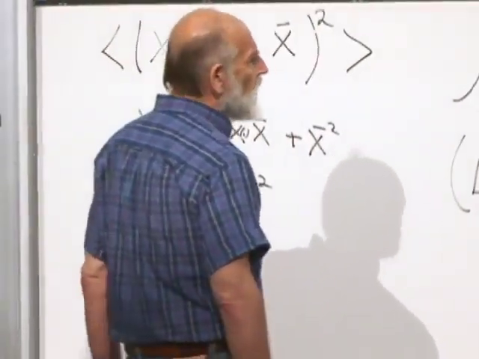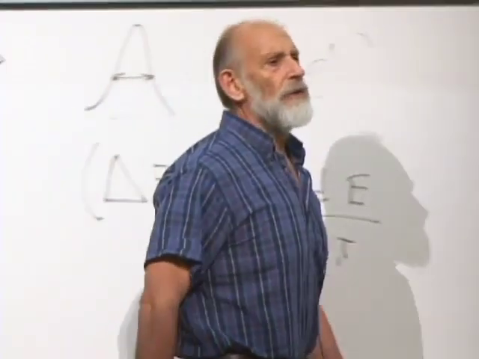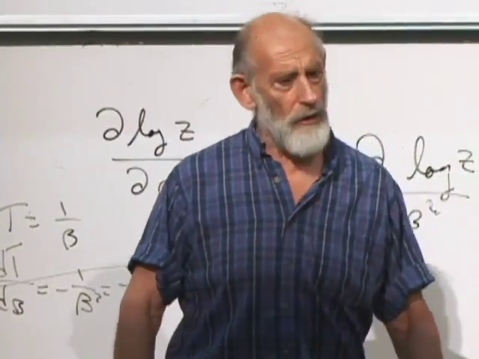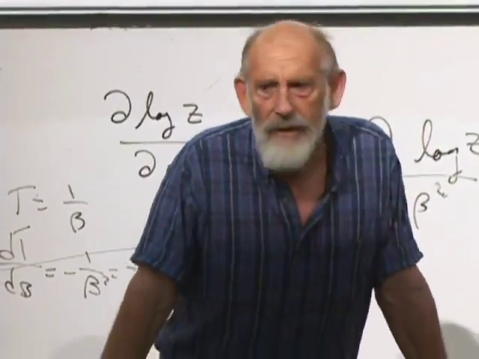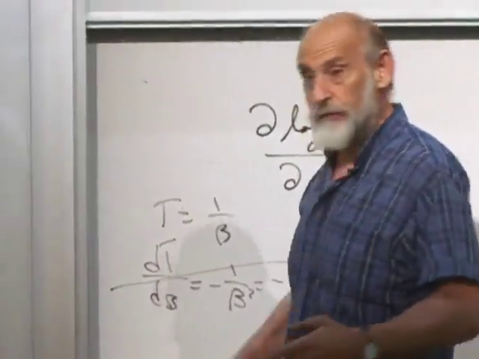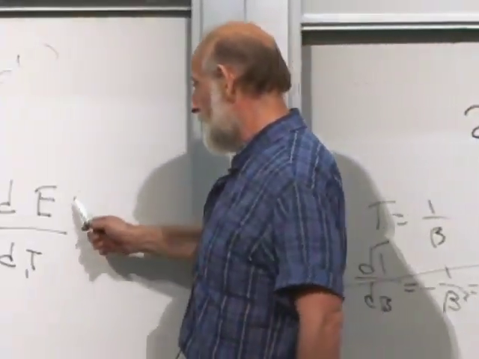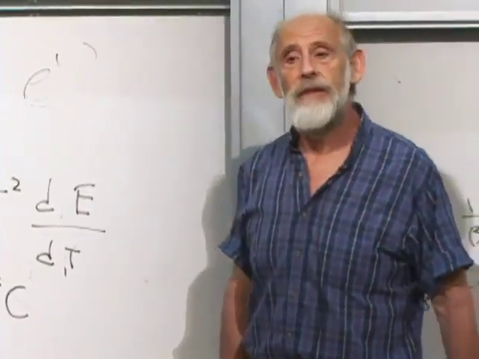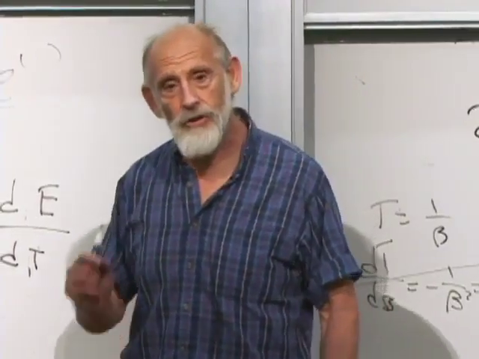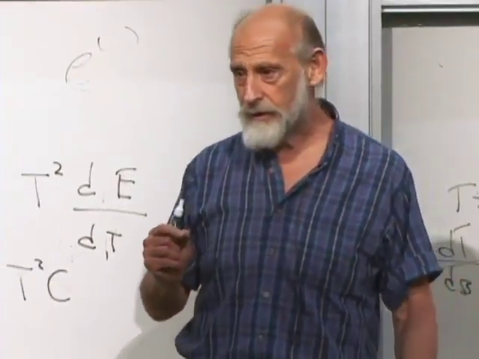Okay. First of all, how does the heat capacity grow with the number of particles in a system? Remember what it is now, or the size of the system. Let's say the number of particles. It's the amount of heat that you need to change the temperature by 1 unit.